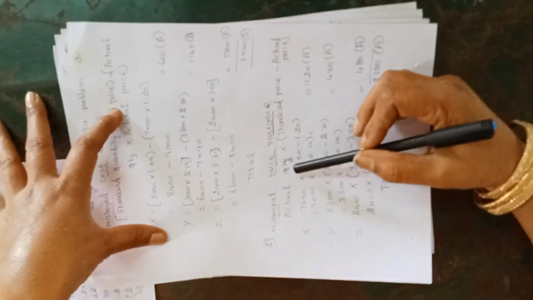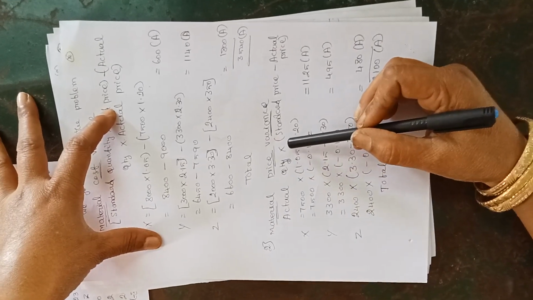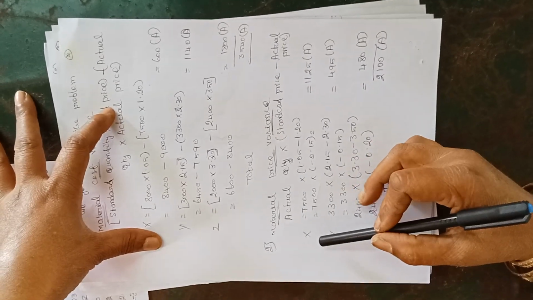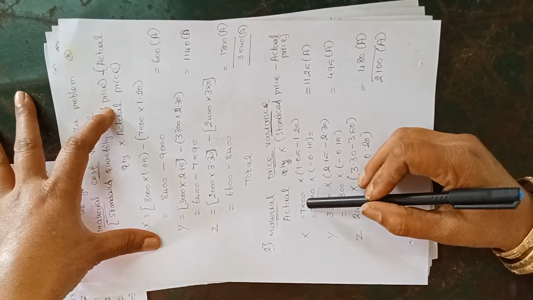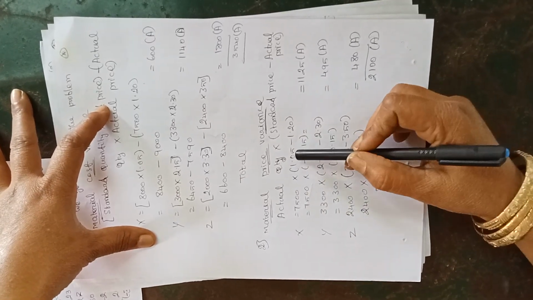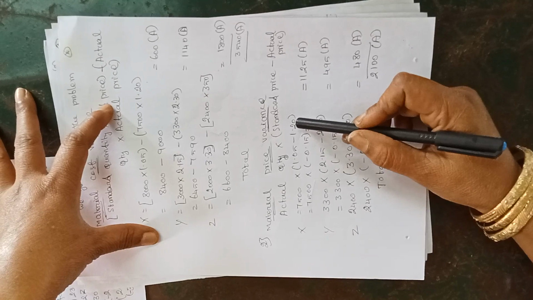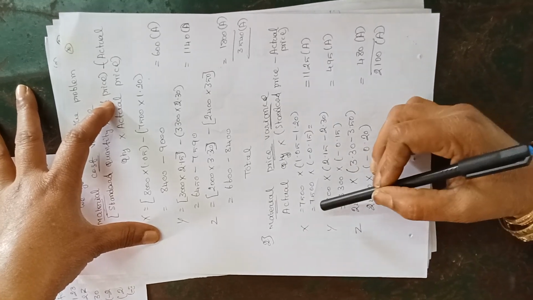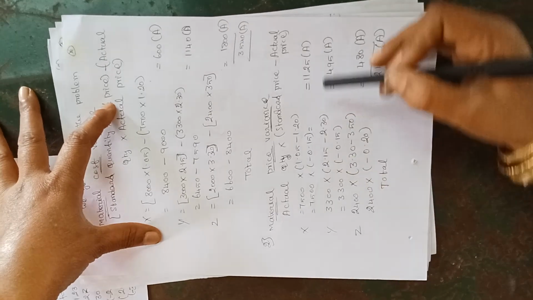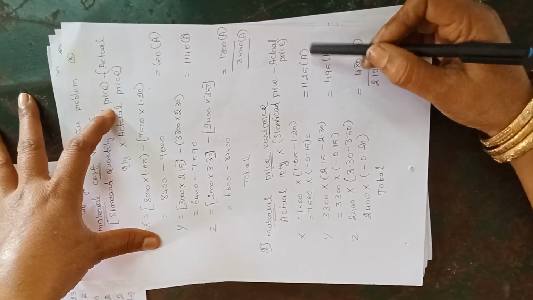Material price variance formula: actual quantity into standard price minus actual price. X: 7500 actual quantity into standard price 1.05 minus actual price 1.20, so 7500 into minus 0.15 equals 1125 adverse.